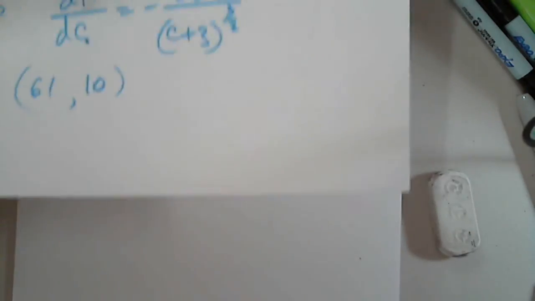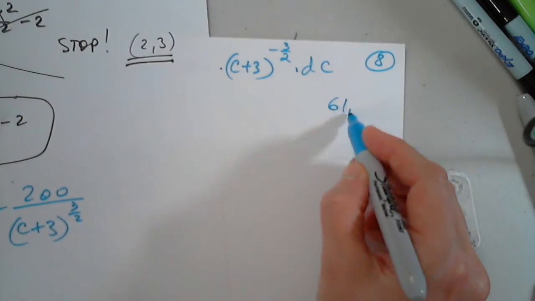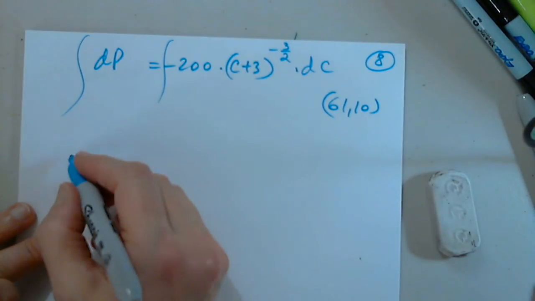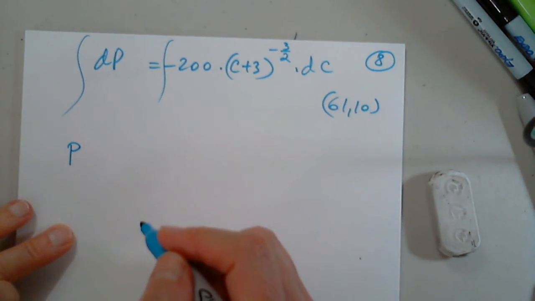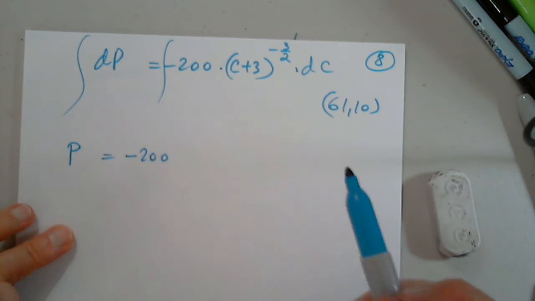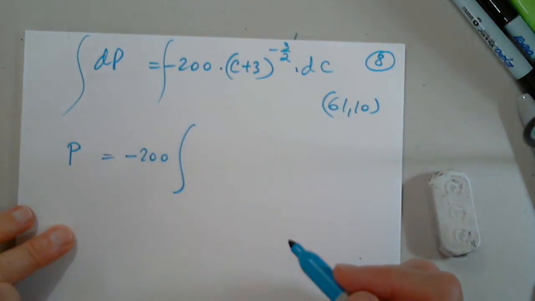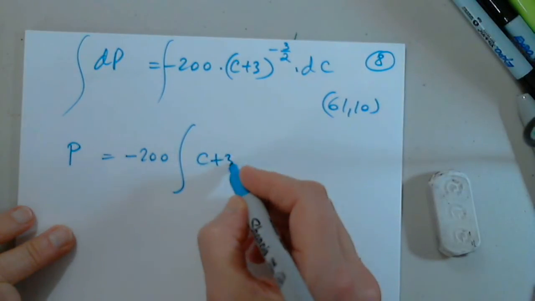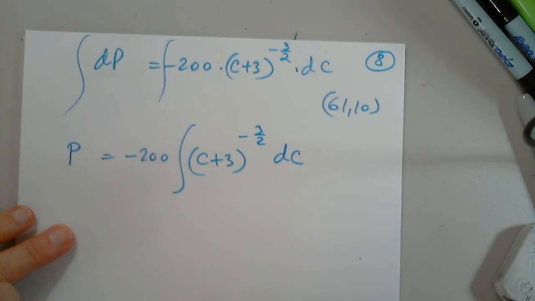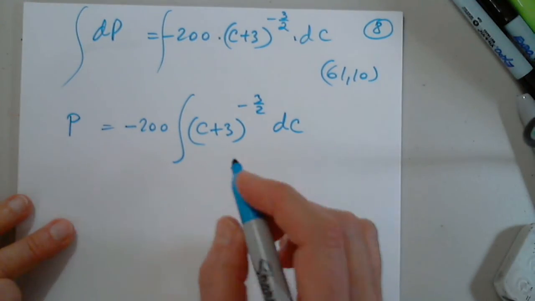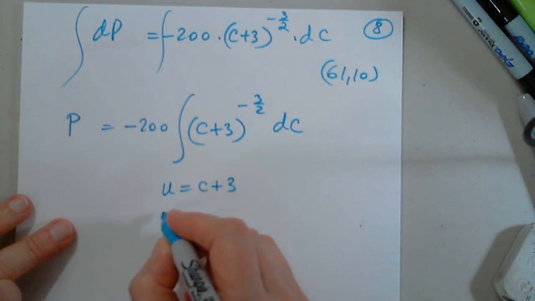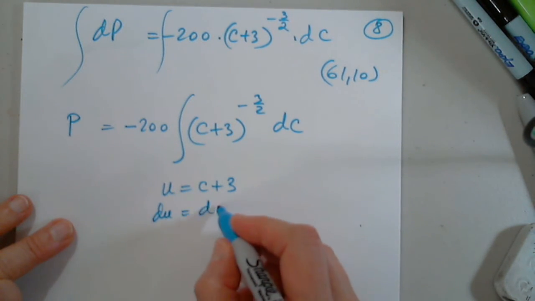So therefore, I want to write this point again here. So this is P. The right-hand side is negative 200 times the integral of (c plus 3) to the negative 3/2 dc. I suggest a change of variable, like u equals c plus 3, du equals dc.